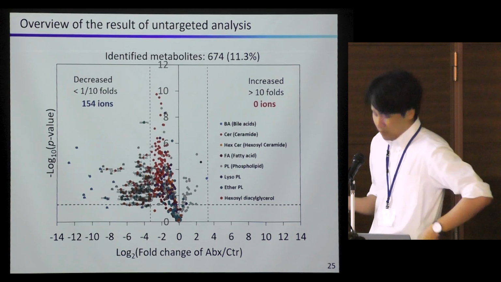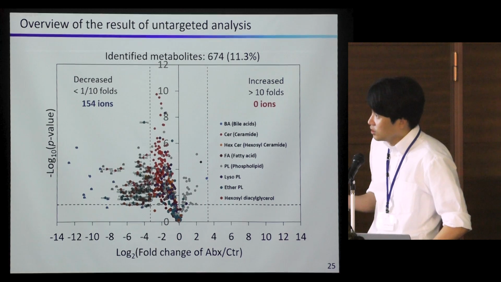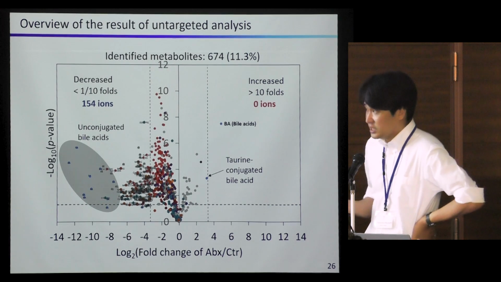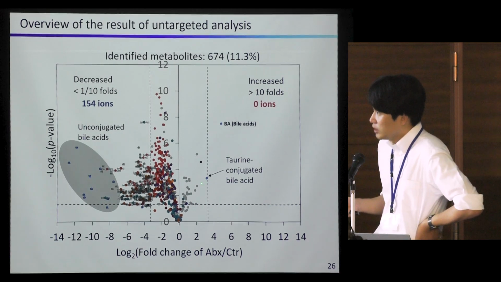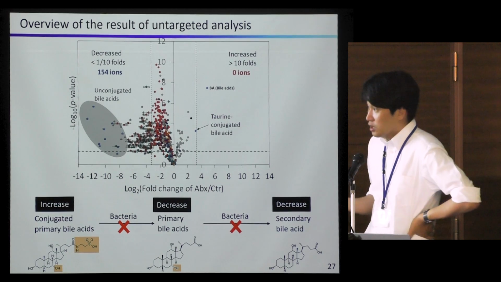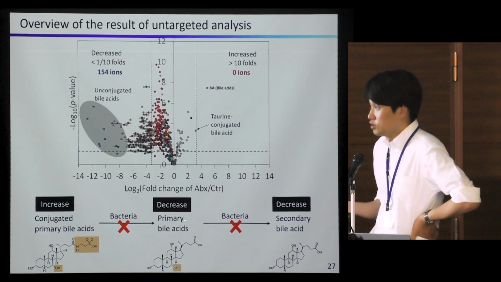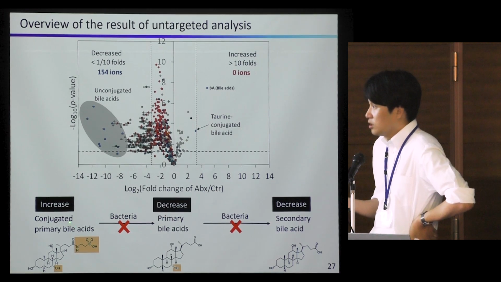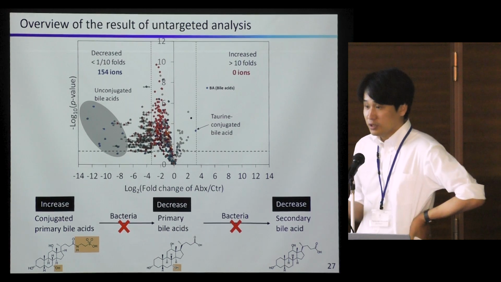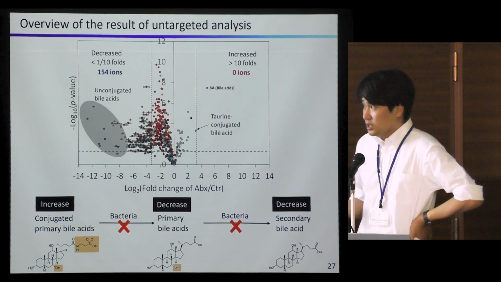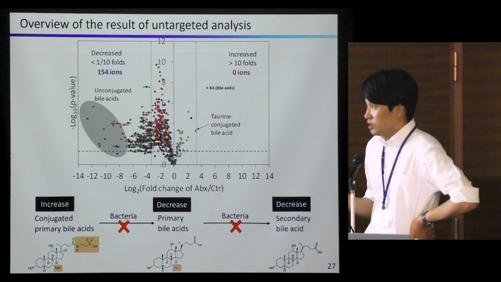And we found the bile acids here, and these are all unconjugated bile acids. This slightly increased metabolite was a taurine-conjugated bile acid. This is a very reasonable result because the deconjugation and dehydration of these hydroxyl groups is performed by intestinal bacteria, and by administering antibiotics, these reactions can be reduced.